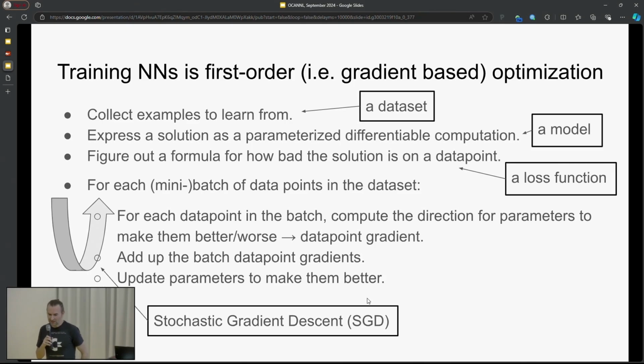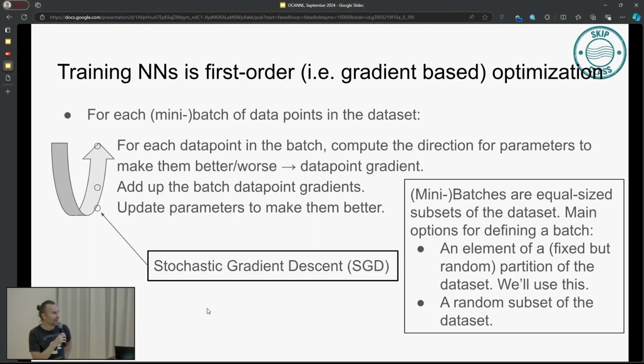All right, but we don't just proceed point by point. We batch the points, and we combine the gradients of points in a batch. And that's where the stochasticity comes from, not exploring the points in a fixed order all the time. Well, let's see it on the next slide.